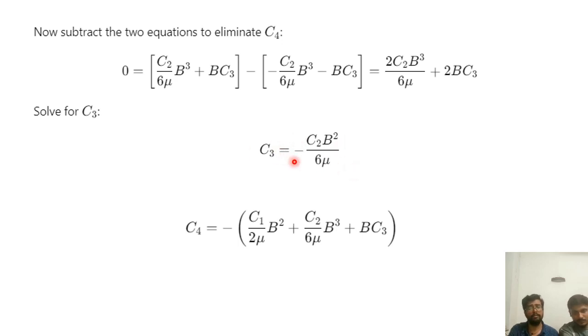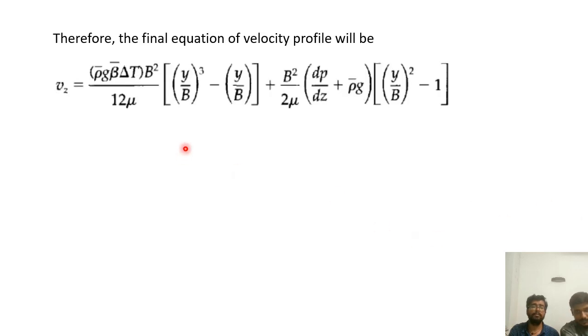And if we again add the previous two equations, we will get the value of C4 in terms of C3. After putting the values of C1, C2, C3, and C4, all the values, we will get this final velocity profile equation.